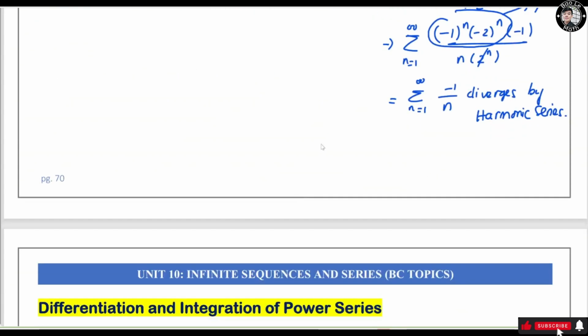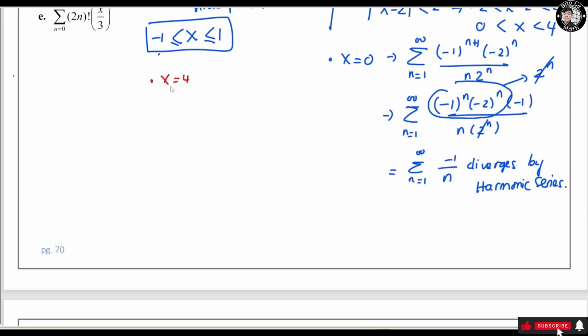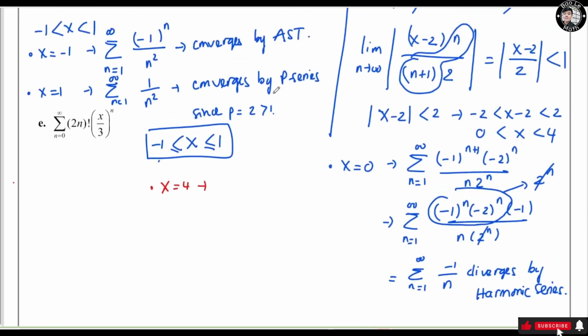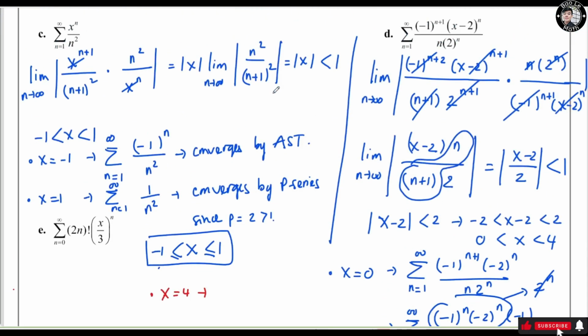Now we're going to check s equals 4. So we substitute 4 for s back into the original series. We end up with the series, n goes from 1 to infinity, of (-1)^(n+1) times 2^n over 2^n times n.